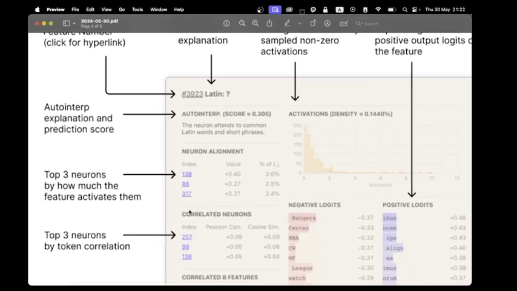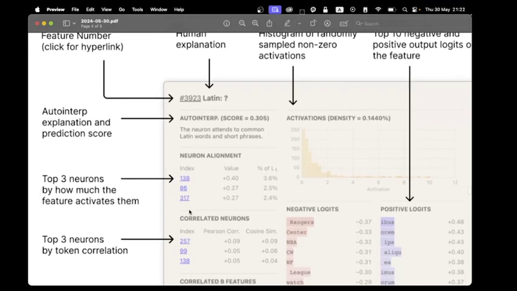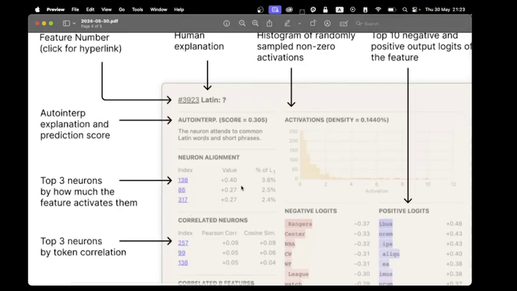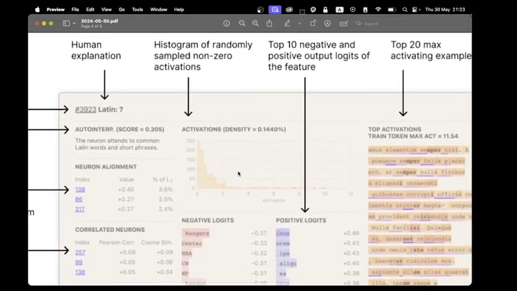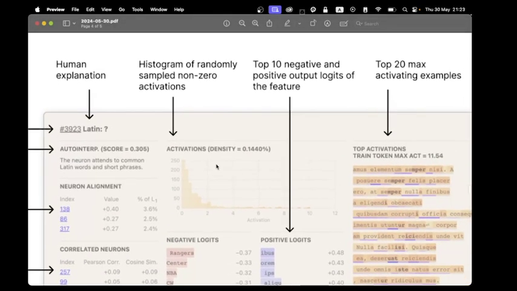So basically we see the related neurons. Then we plot activations.